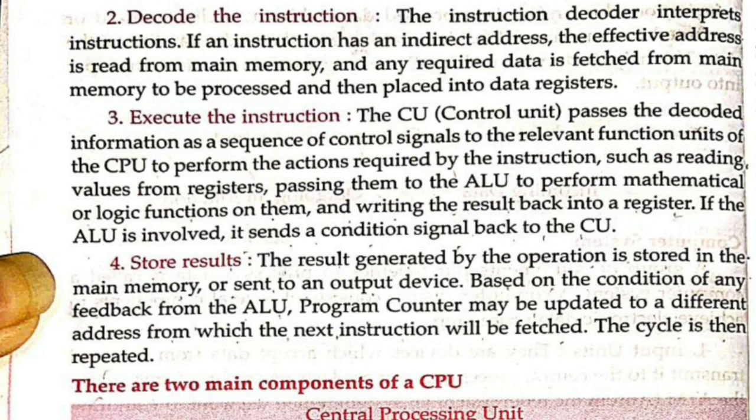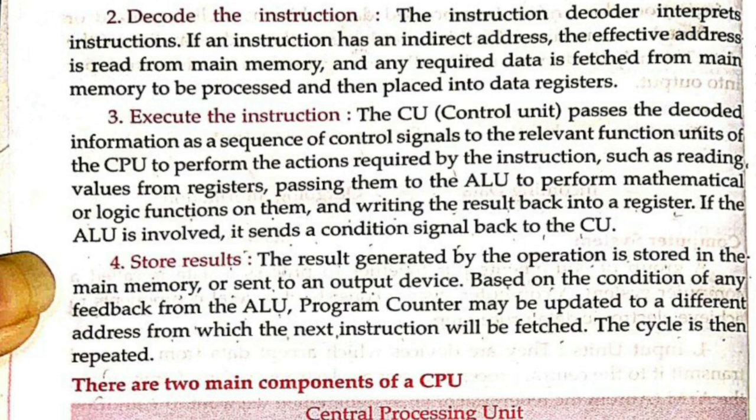Execute the instruction. The CU (control unit) passes the decoded information as a sequence of control signals to the relevant function unit of the CPU to perform the action required by the instruction, such as reading values from registers, passing them to the ALU to perform mathematical or logic functions on them, and writing the result back into a register.